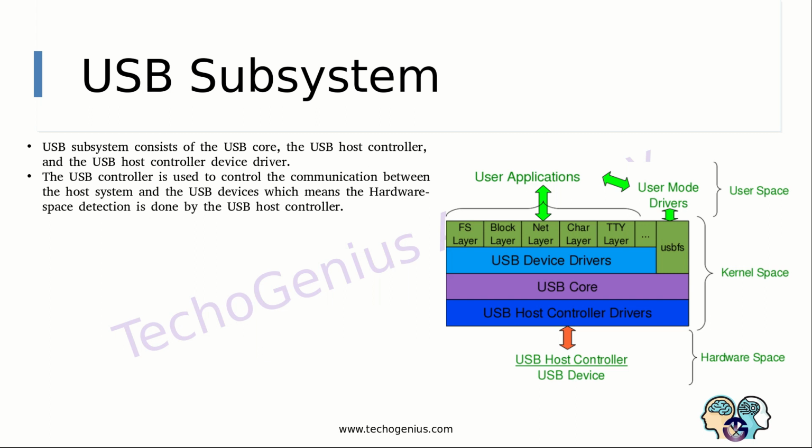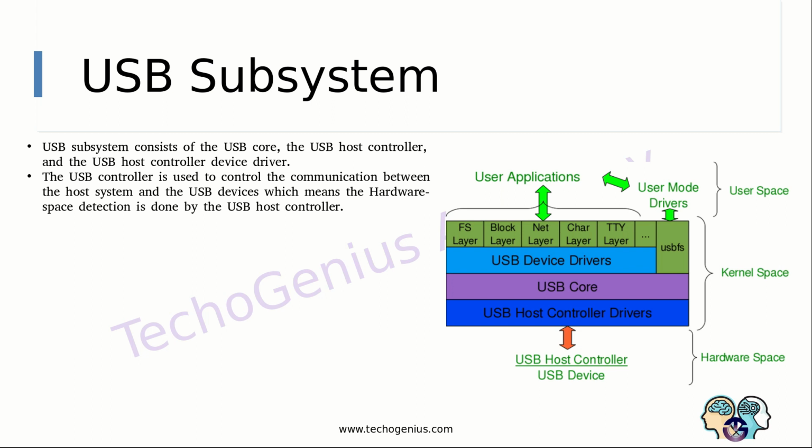The main thing we need to concentrate on and understand is the USB subsystem. The USB subsystem has the USB core, the USB host controller, and the host controller driver, and you need to take care of these three things, which are in the kernel space. The USB controller helps to communicate between the host system and the USB device, and the USB device means your hardware.